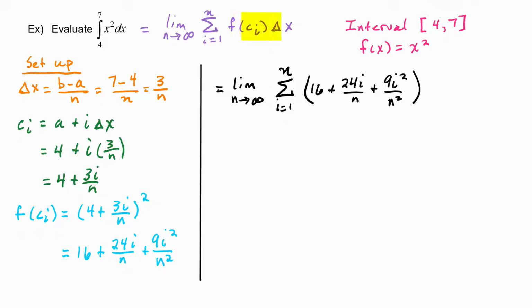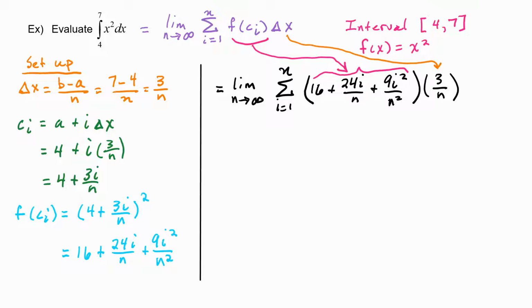And then we have to take that times delta x, which is 3 over n. And you always want to double check that you have all of the elements here. f of c sub i is this whole expression here, and delta x is 3 over n. One of the most common mistakes that students make is they leave off the delta x.